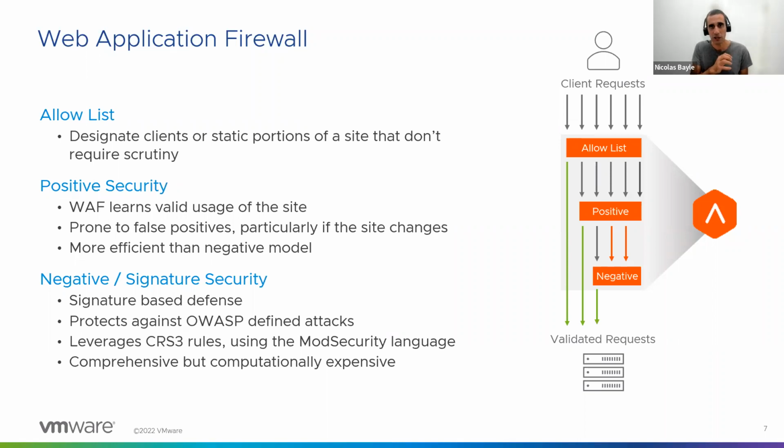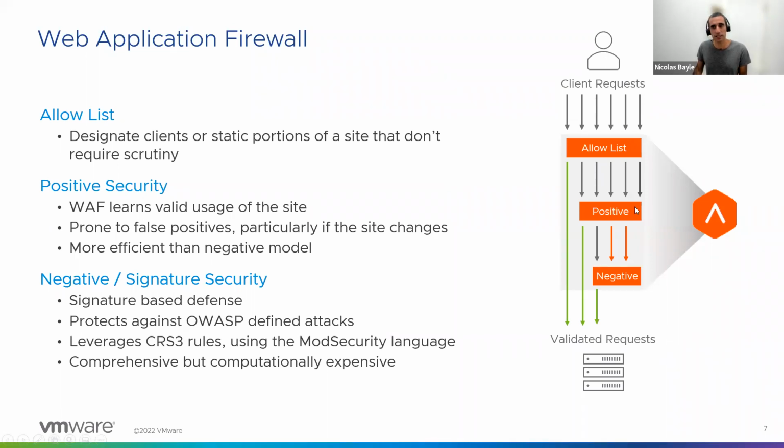So if later someone sends a request to your application, and for this field, this is not an email address but something weird, like a shell command or a scripting command, in this case, the positive check will say, this is not good. This request is not legitimate. So I will send this request to the negative step, which is the last step of this mechanism, right?